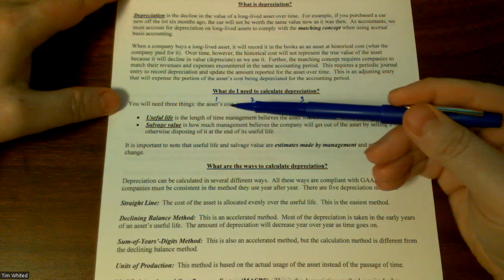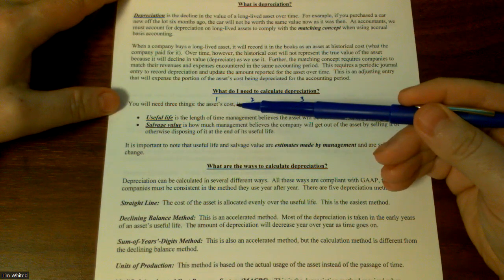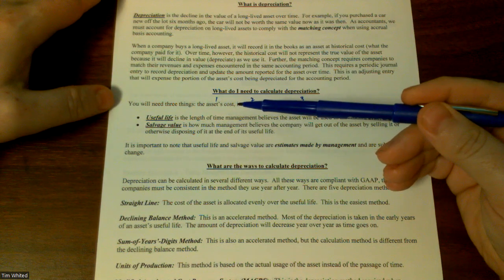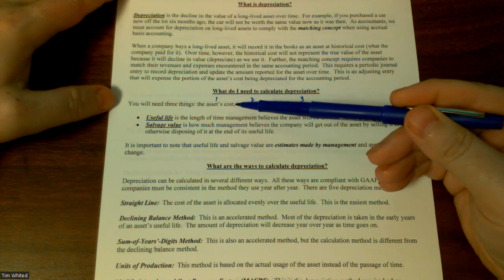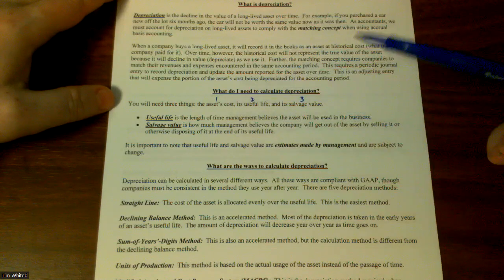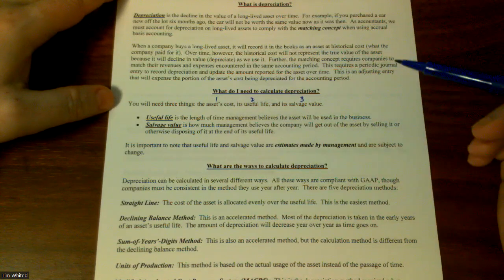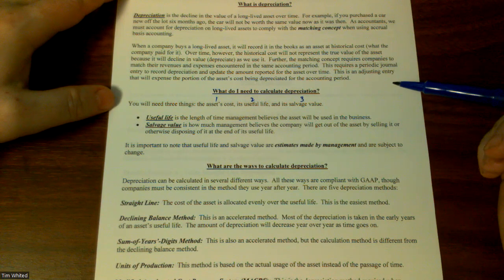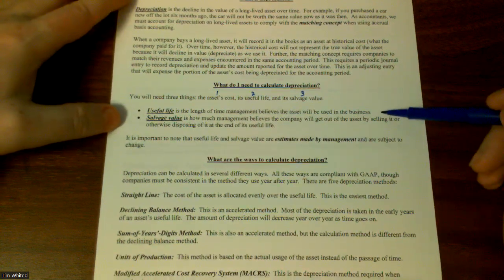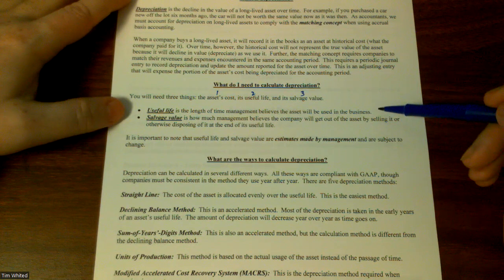Now, the asset's cost is fairly easy to obtain. You would simply look at the invoice or your purchase receipt to see what you paid for it. These other two items, however, are going to be determined by the company's management. So we have the useful life and we have salvage value.